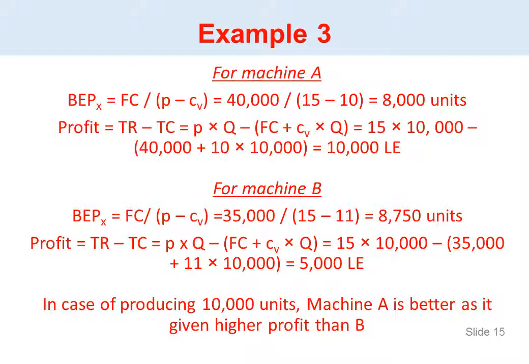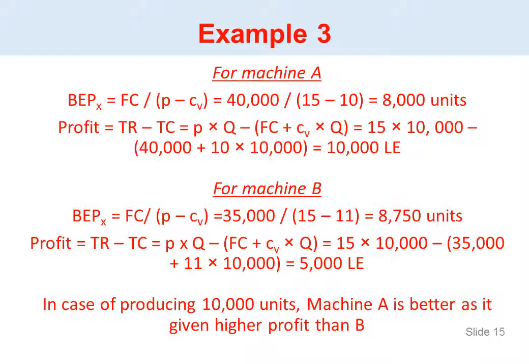He is asking you how much the profit is. The total profit for machine A uses the values given in the problem. What does it mean? It means that the break-even of machine A is 8,000 units, and for machine B it is 8,750. It means the break-even of machine A is less than machine B.